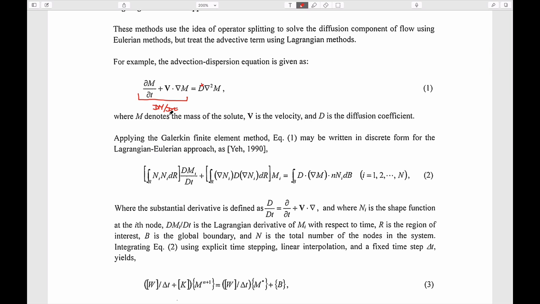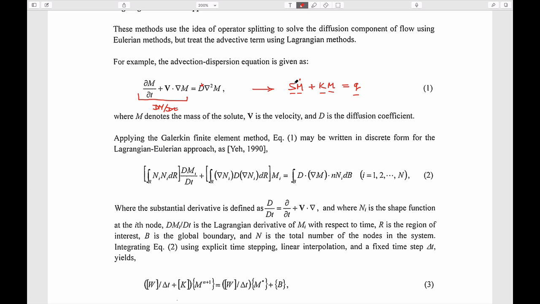Since this is just first order in time and zeroth order in space, when we write the finite element system of equations to describe this, it would be something like S m dot plus K m equals q. This would be our finite element relationship.